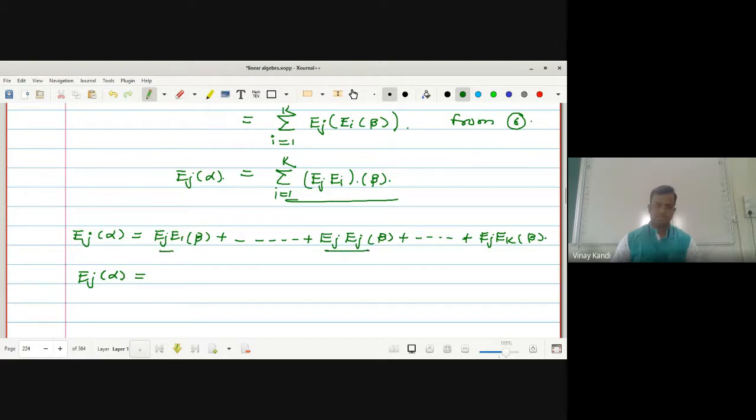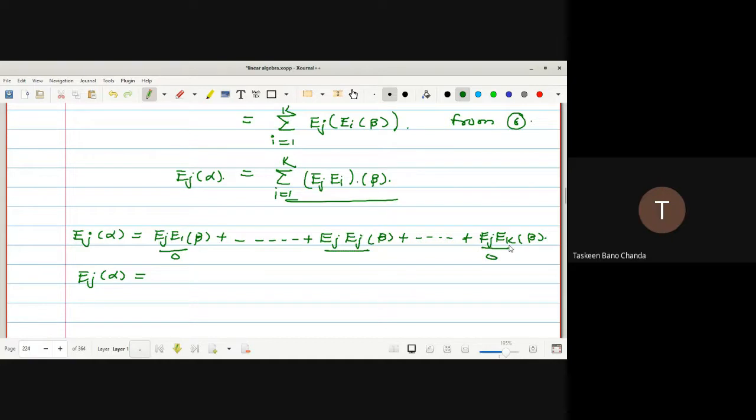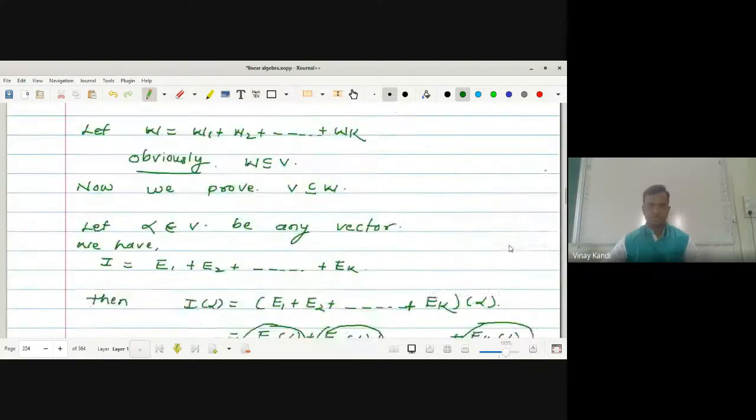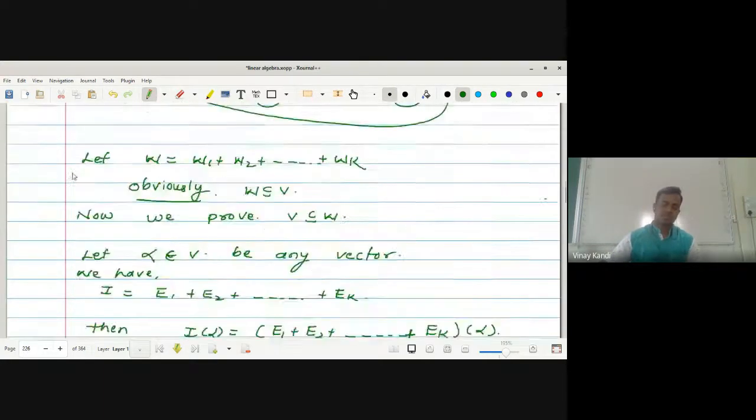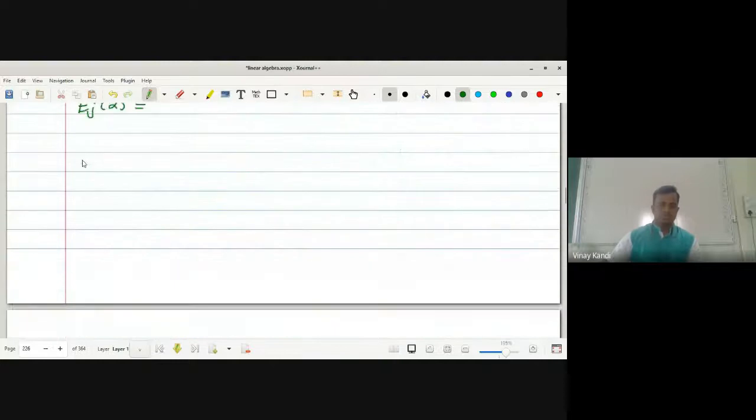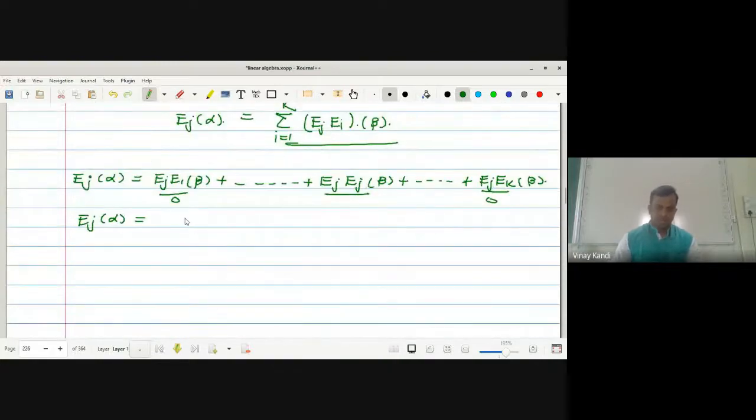What will all these coordinates be? 0. That is our assumption. Look at here, the converse part. Okay, by the second condition, all the terms are 0. So here we get only E j square of beta. But what is E j? E j is a projection. That means E j square is equal to E j. E j of beta. Okay, but what is E j of beta?